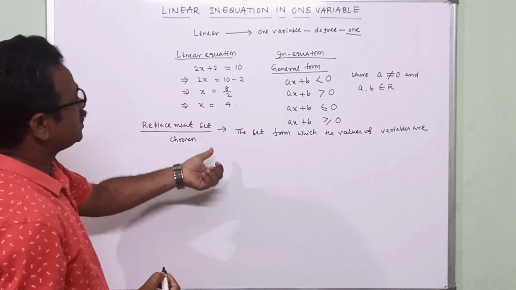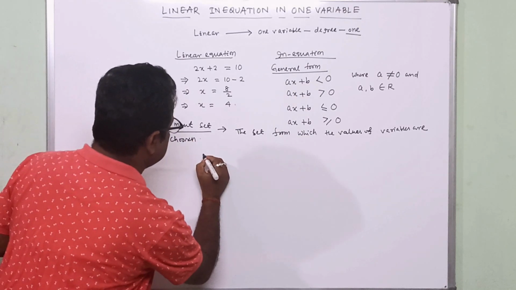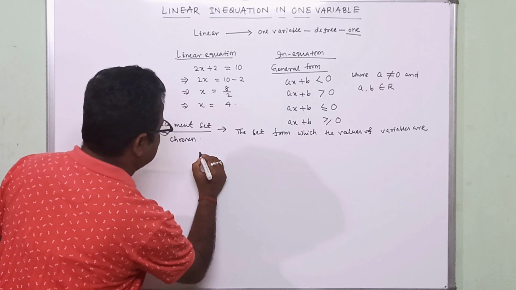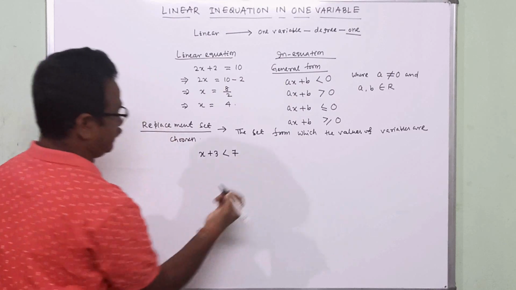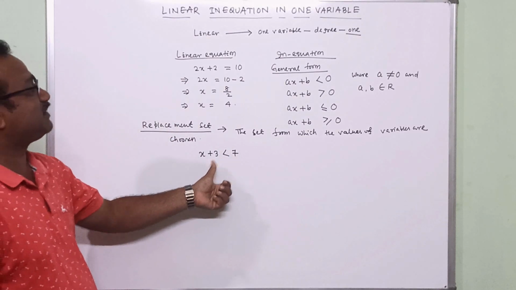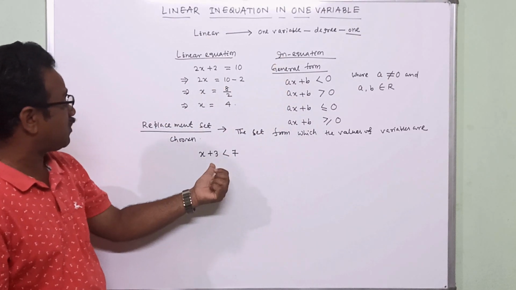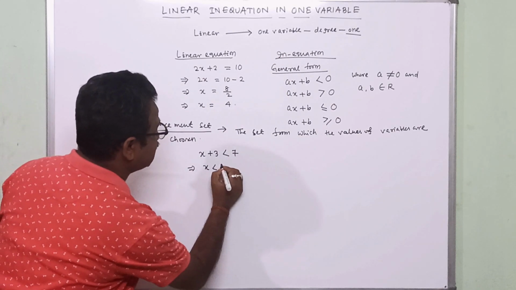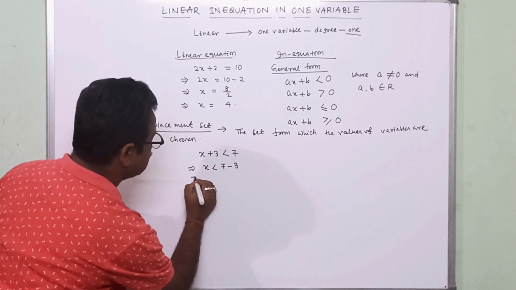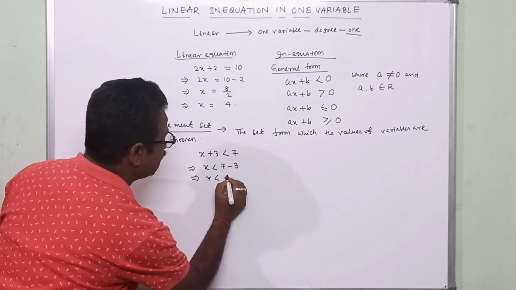For example, suppose you have taken x plus 3 less than 7 in inequation form. So I will write that implies x less than 7 minus 3. That implies x less than 4.